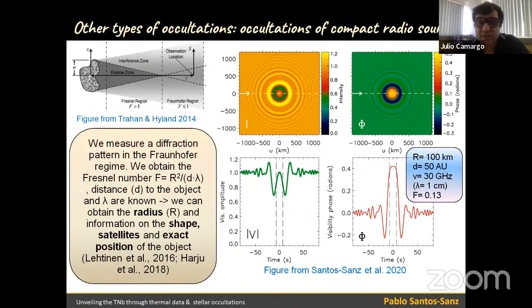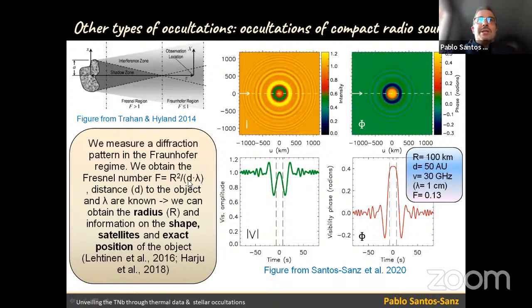I'd like to know a little bit more about this, because you mentioned that with only one chord we could have more essential information about the size. Well, the point is that we measure the diffraction pattern, as is written here in the Fraunhofer regime, and then we obtain directly from the observation this Fresnel number that depends on the size, the distance to the object, and the wavelength.